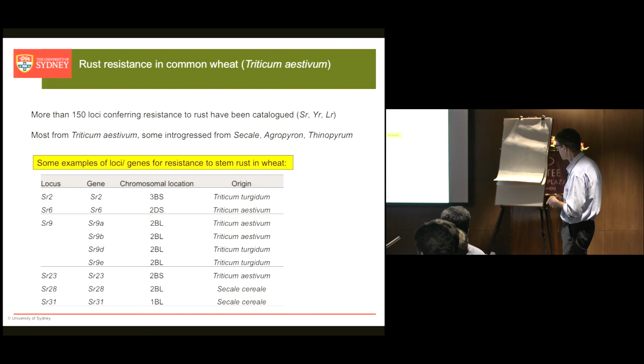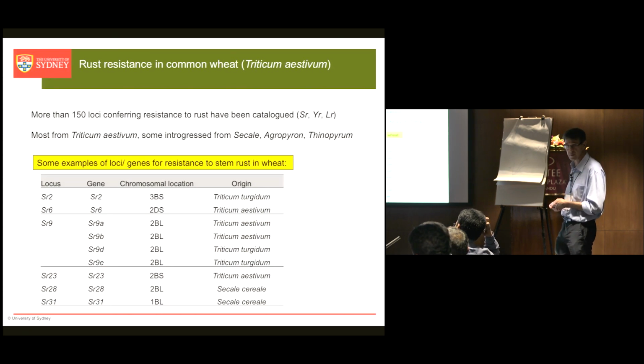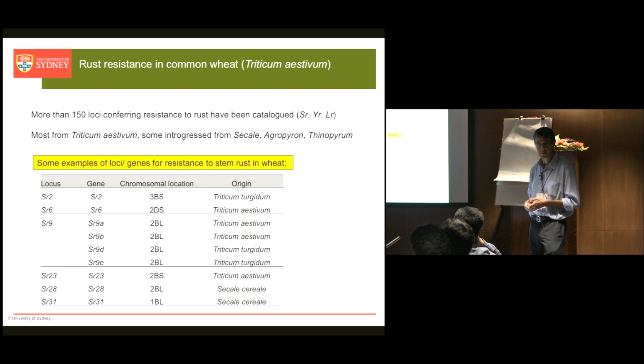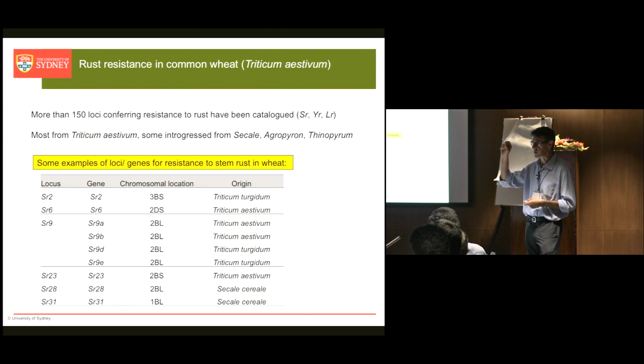Look at Sr9. There are 4, in fact there are more than this, different alleles at the Sr9 locus. And that's why there are those letters, Sr9a, 9b, 9c, all the way through now to 9h. They're all different alleles, different variants of the same gene that sit at the same point on the chromosome.